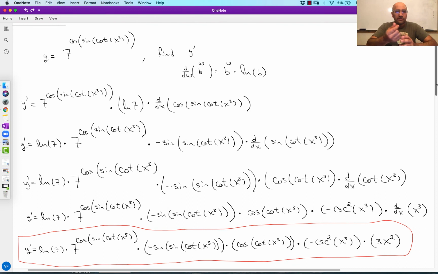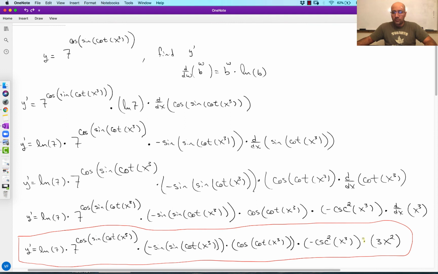Okay, so each individual piece is not hard, but together it is one big, ugly, massive exercise. So just make sure you take a lot of time and a lot of space on your paper. Don't try and cram it all into one little corner. Take up a lot of real estate on your paper. Be really neat and clear with your writing, particularly all those parentheses everywhere. Remember, our final answer has a bunch of multiplications.